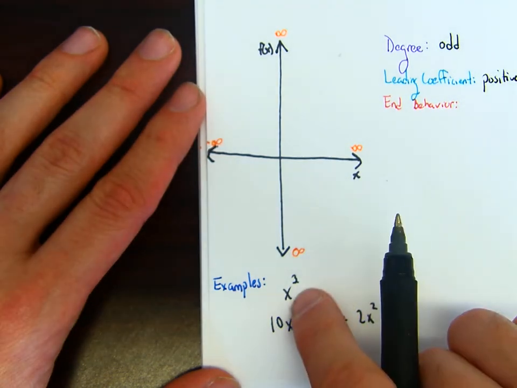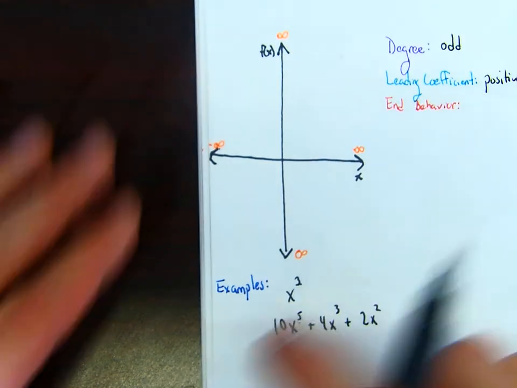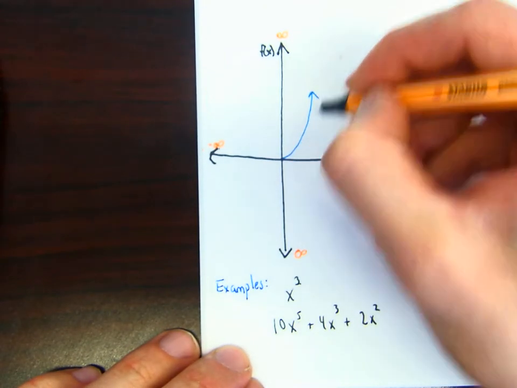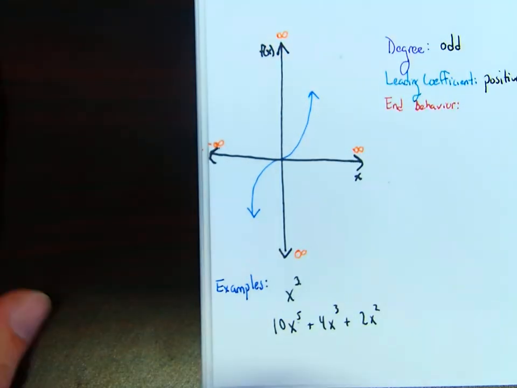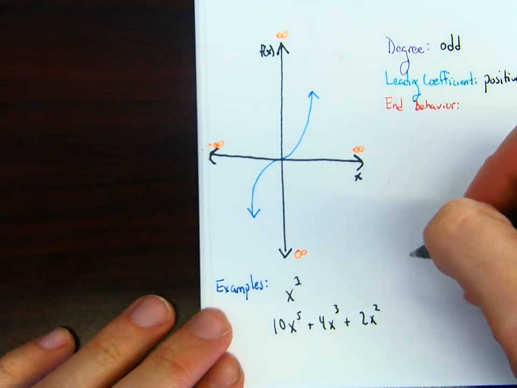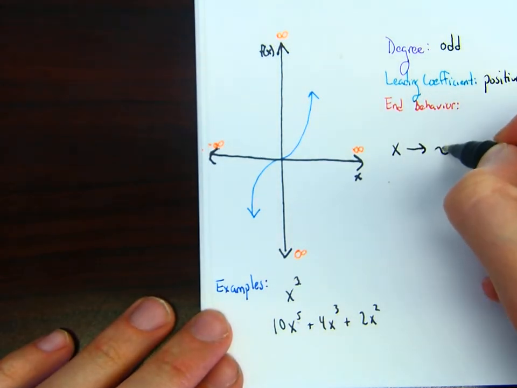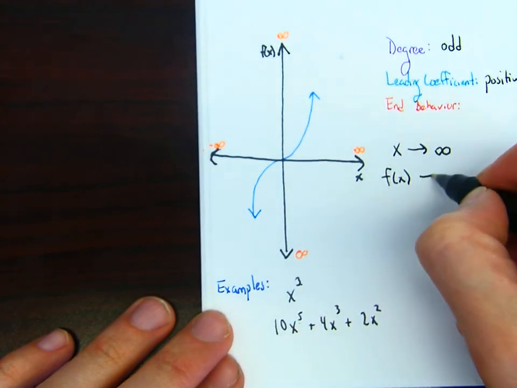So if I said pause, what does x cubed look like without looking at your notes? How do you show x cubed? It should look something like this. What I'd like you to do is show the end behavior. How would it go? As x approaches infinity, what's happening to my f of x value?